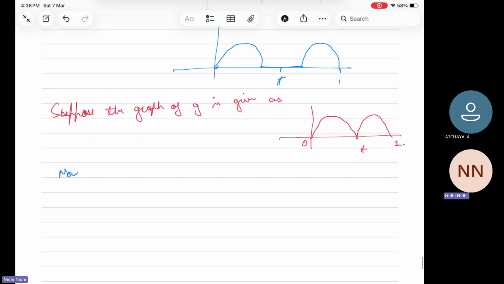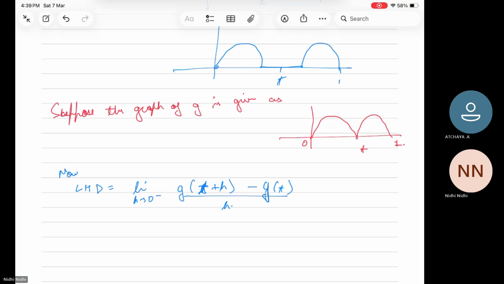Now the left hand derivative, which is limit h tending to 0 minus, g(t+h) minus g(t) upon h.